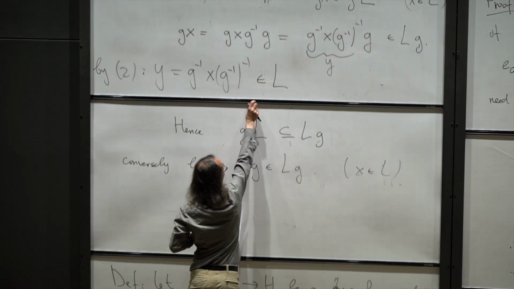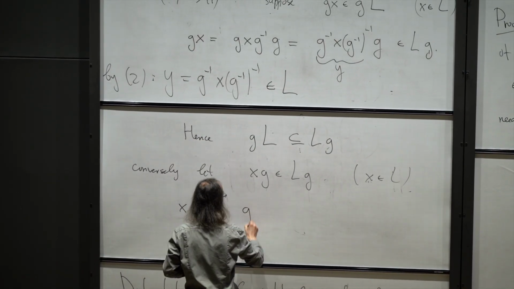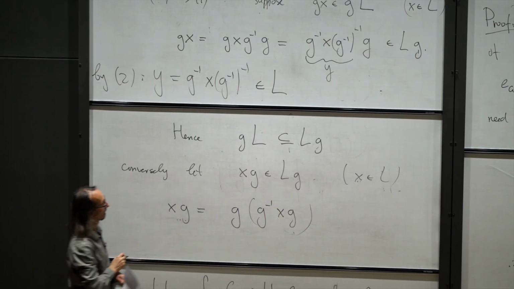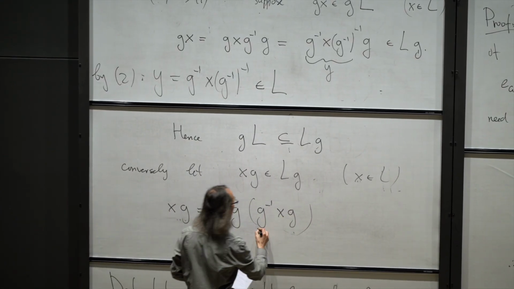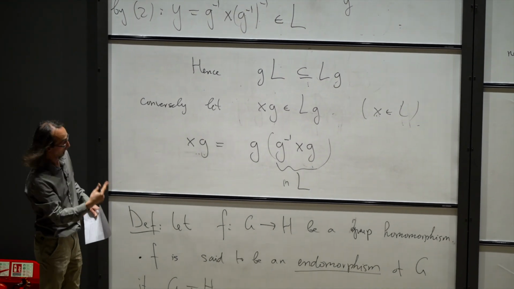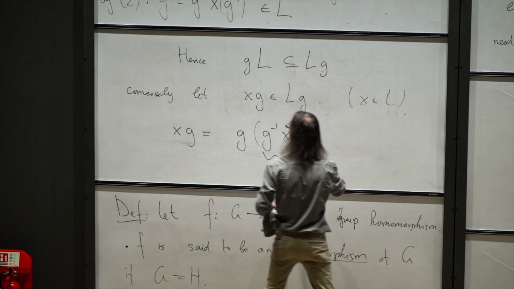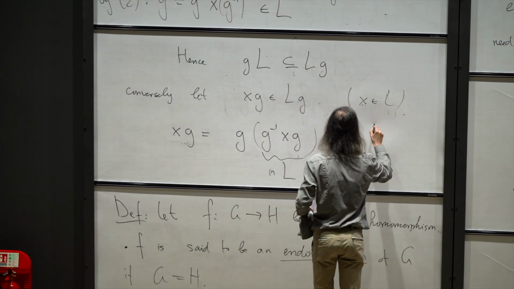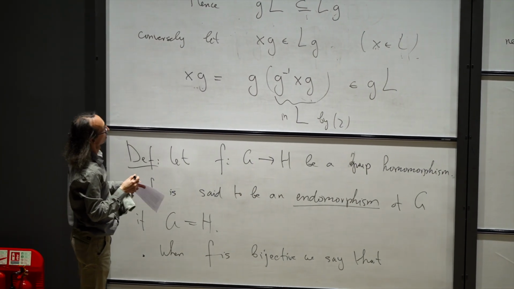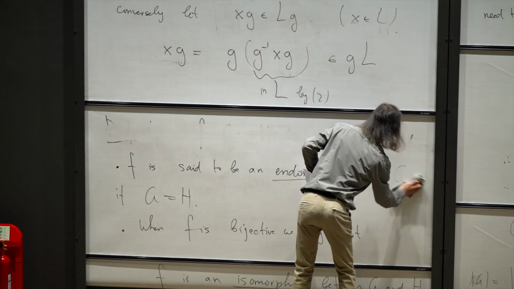And then I'm going to write it like this: xg, I can write this as g times g inverse xg, like that. And now this is in L, again by property 2. And therefore, this is inside GL. Okay? Therefore, I've proved the converse inclusion.